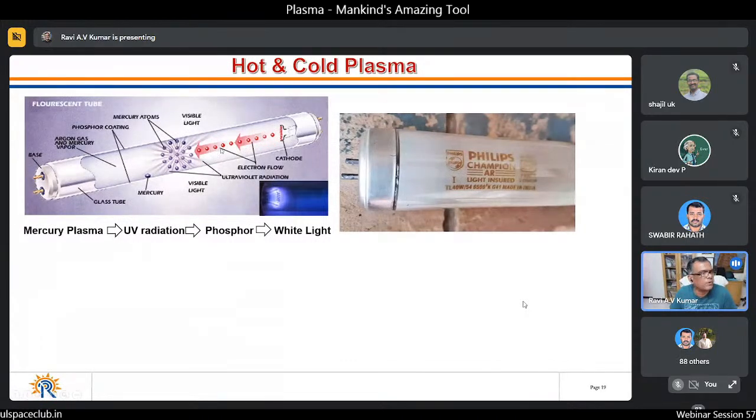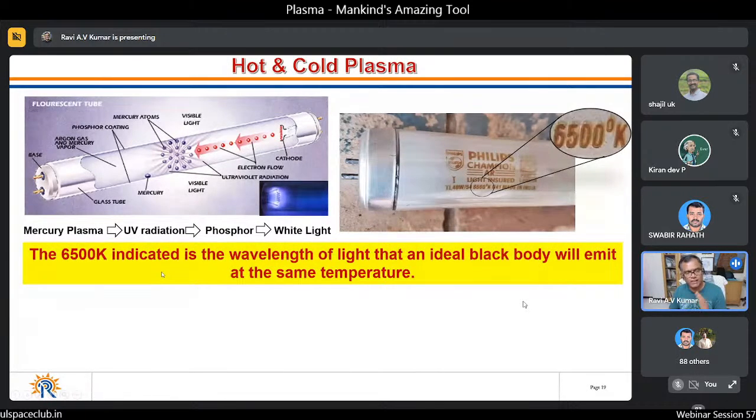Now, why am I talking about tube light? If you look at a tube light very carefully, you will find there's a term called 6500 Kelvin here, and Kelvin is a unit of temperature. How can a tube light have such a high temperature? This is nothing but the wavelength of light that an ideal black body will emit at that temperature.